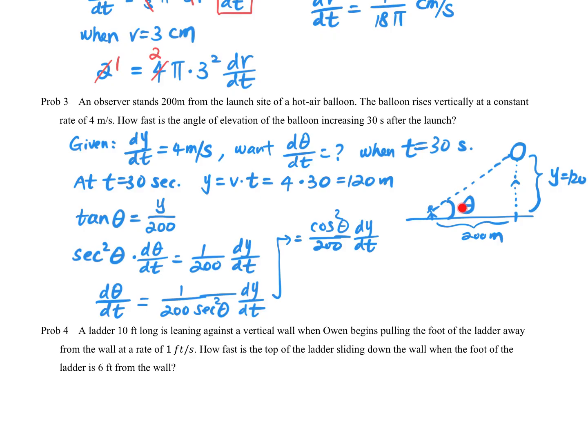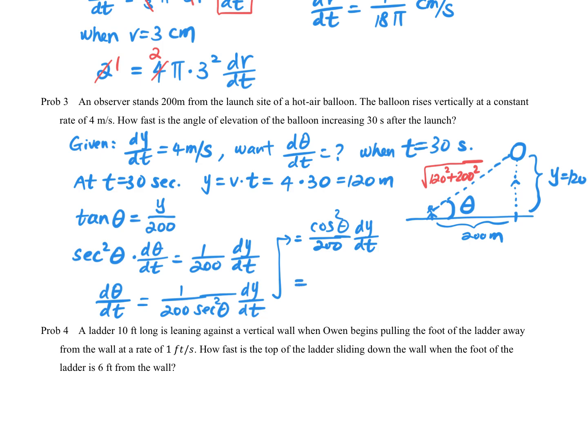So cosine is adjacent over hypotenuse. And this hypotenuse, we already know the length of these two legs. So by Pythagorean theorem, this hypotenuse is actually the square root of 120 squared plus 200 squared, right?